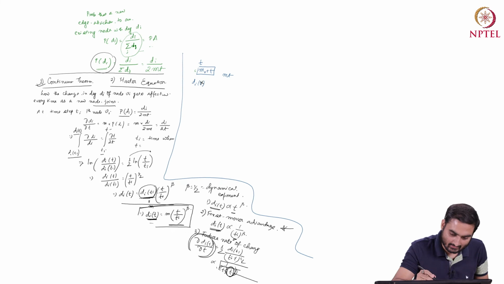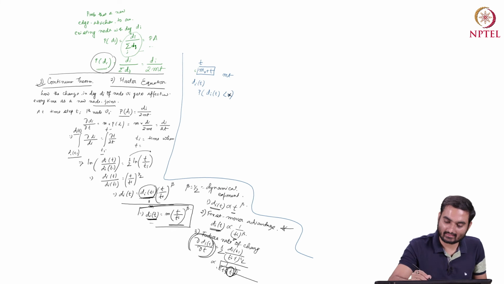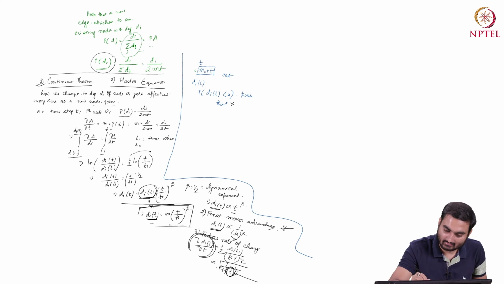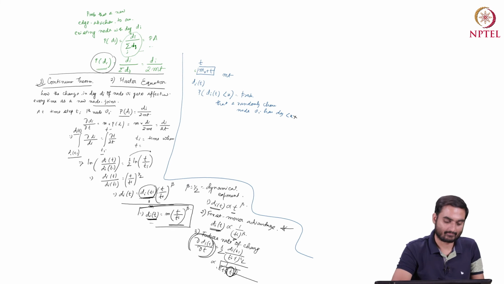Let us denote a probability P, which says the probability that a randomly chosen node vi has degree less than k at t.